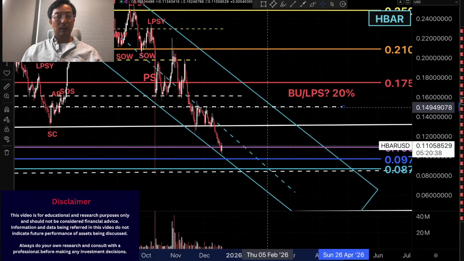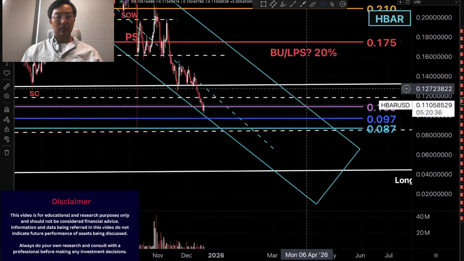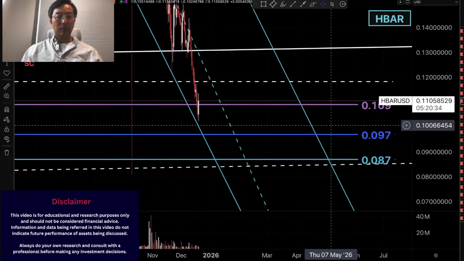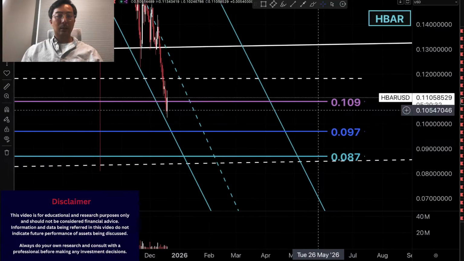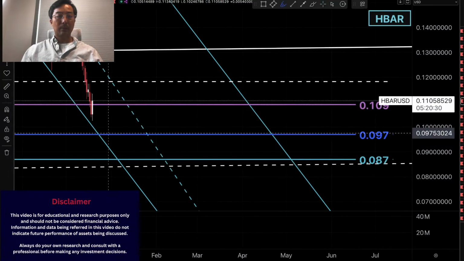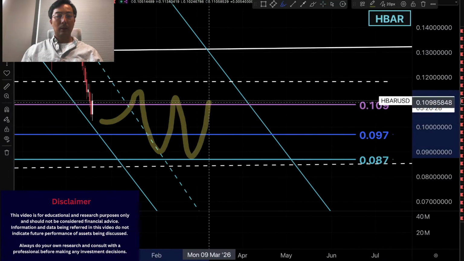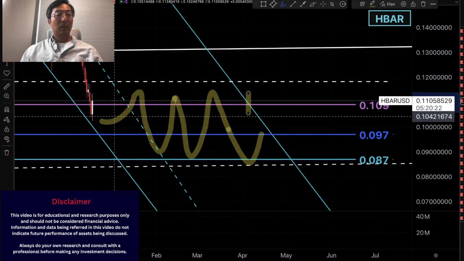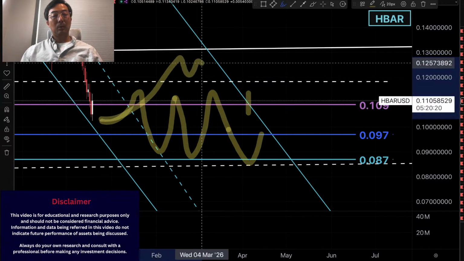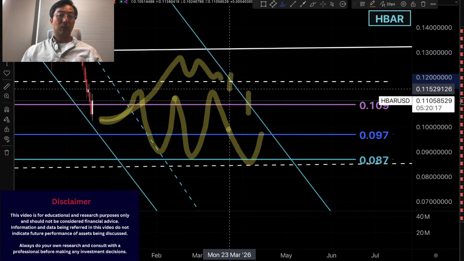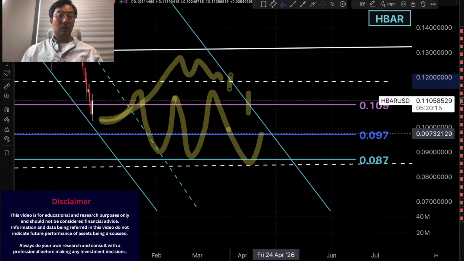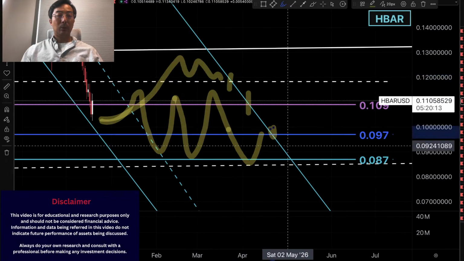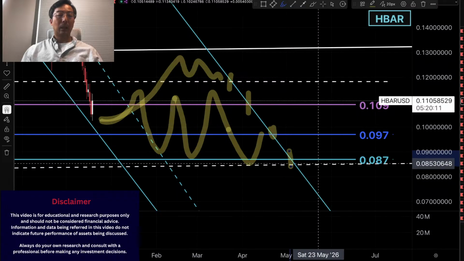Assuming it's traveling along one of these key levels, right over here, the 3 time points, the very first one points to April. Yes, that's very late. If you're a little more optimistic, it may travel to this point that points to the end of March, then late April, and eventually early May.